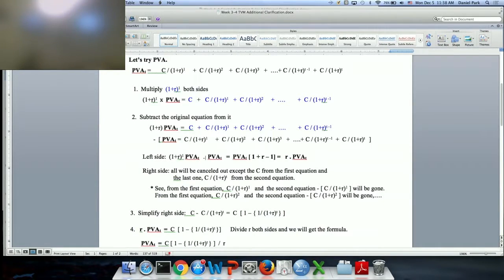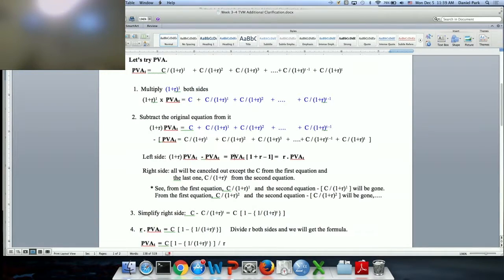Let's make this bigger. So we have the same PVA here.